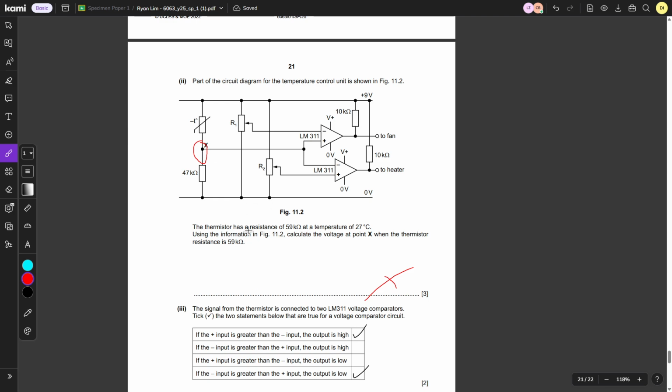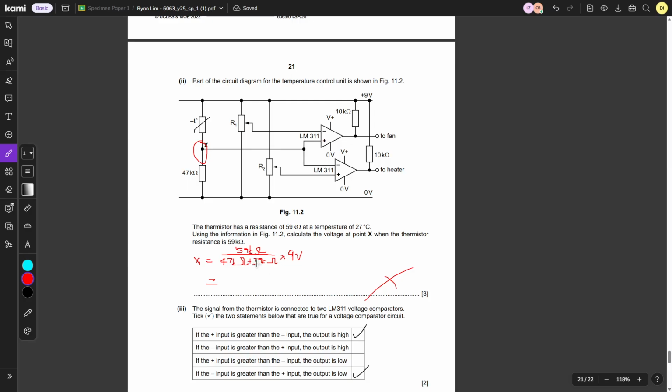So the answer for X would be 59 kilo ohms divided by 47 kilo ohms plus 59 kilo ohms, times 9 volts. So let me get the answer for this. You know how usually I say you need to convert the prefixes, right?